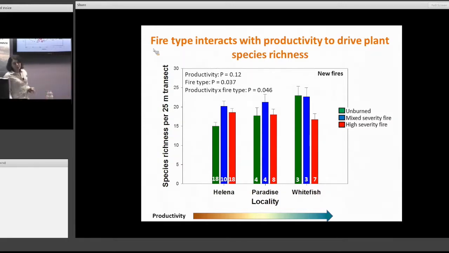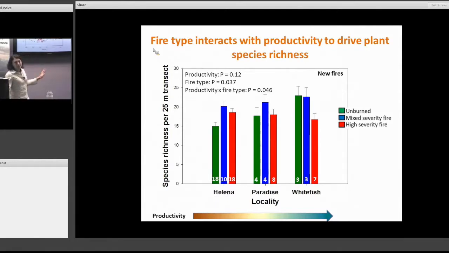What we were really interested in looking at was the beta diversity, so the dispersion of these different fire types. Spots that cluster closer together have low beta diversity compared to those that are spread further apart.